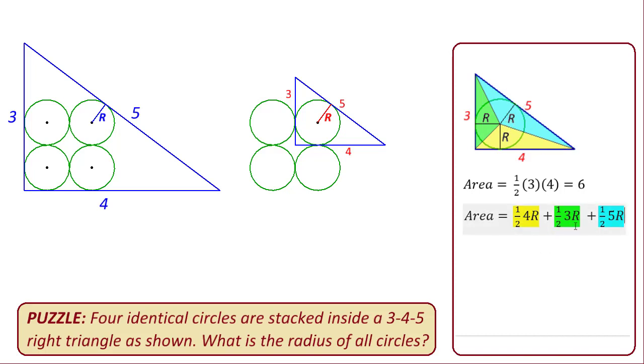So this half r can be taken out common from all the 3 terms, giving us half r into 3 plus 4 plus 5, which amounts to 6r. Now this area 6r is equal to this area 6. So we can equate the two and get the value of incircle radius as 1.